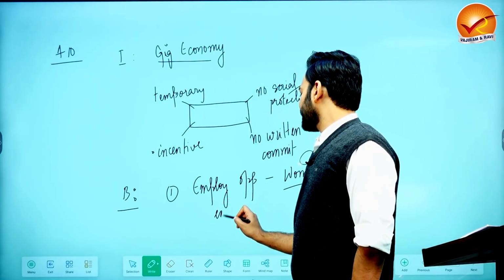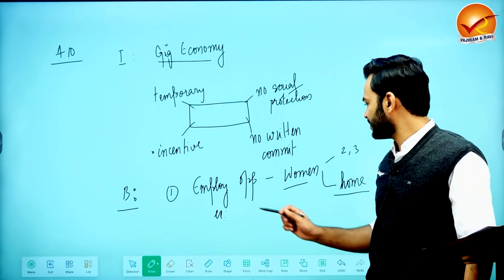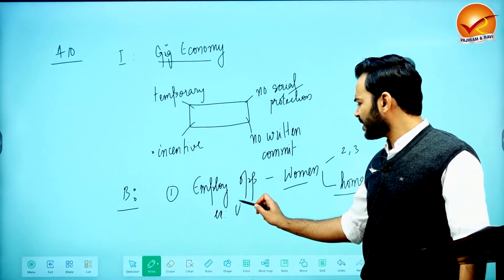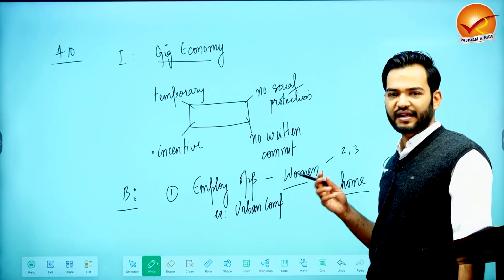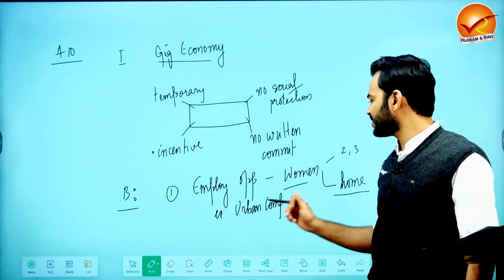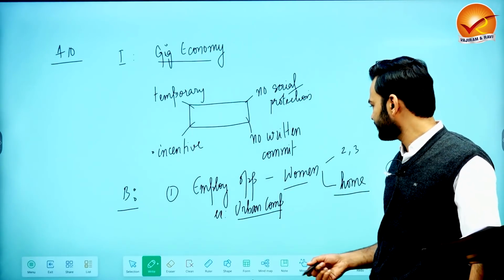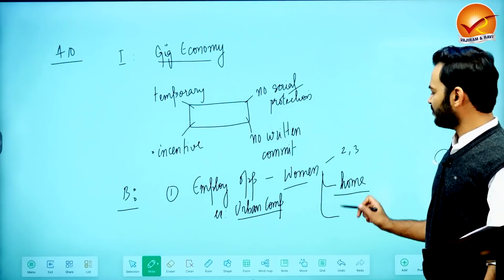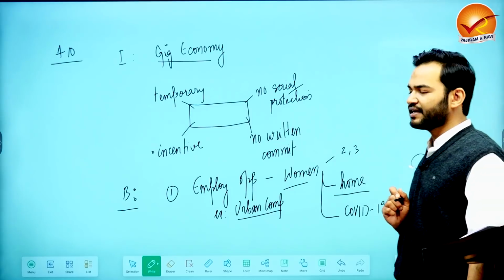For example, we can write here employment opportunities. Example, we can write Urban Company. There are a lot of beauticians and technicians who are now working with Urban Company. So it is providing employment opportunity for women, and work from home, and also provided employment opportunity during COVID-19.